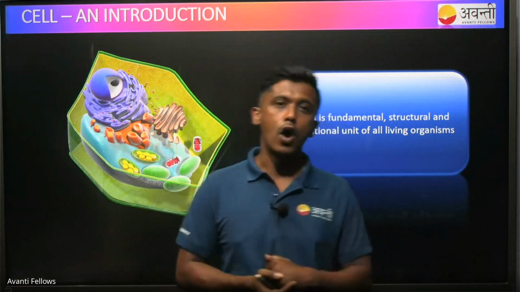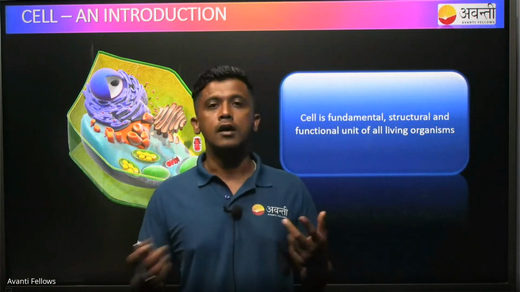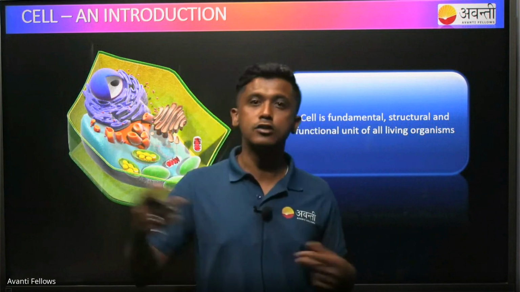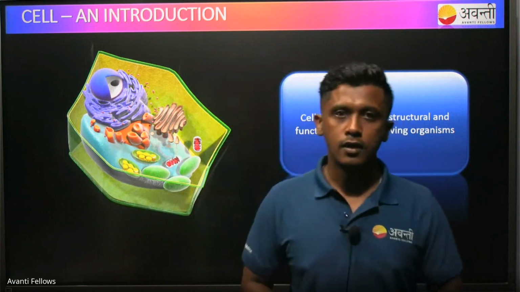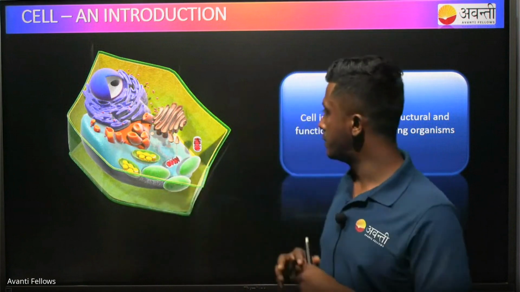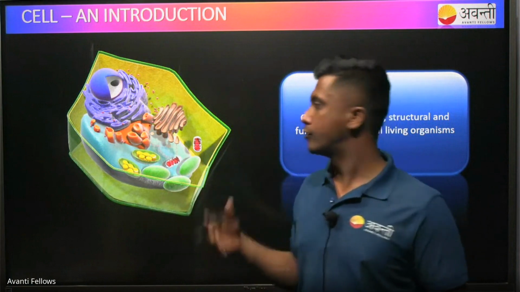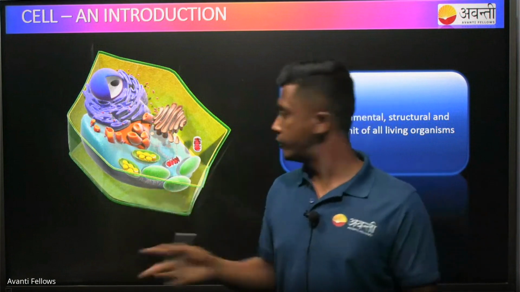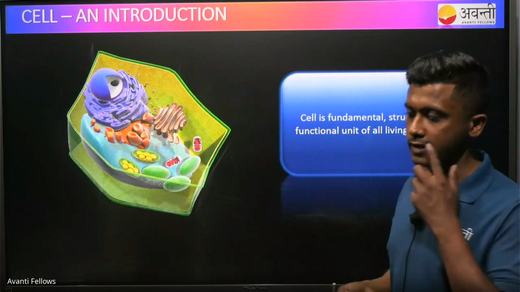Everything varies according to its location, its function, which organism it is present in, and its complexity. Correct, right? So it's a very wonderful structure to study in all of biology, because this is where all life started, and this is how life has become complex, and that has resulted in the entire thing that we see today.